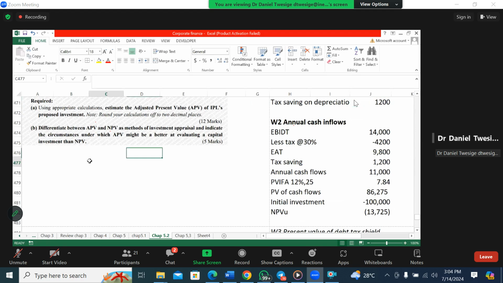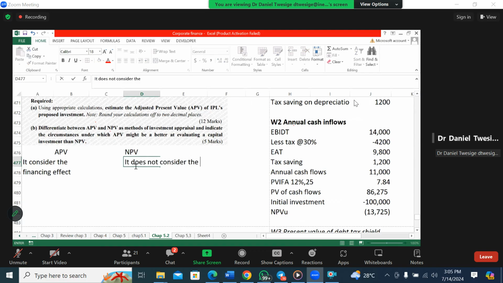If you look at APV and the NPV, the main strength is that this one considers the financing effect of the project. This one does not consider the financing effect.